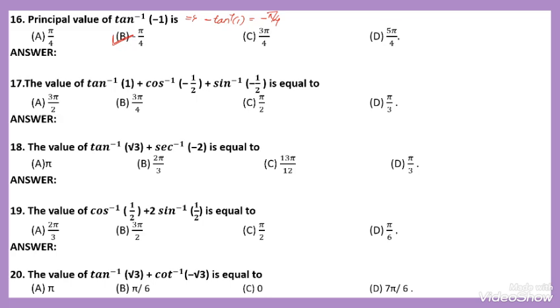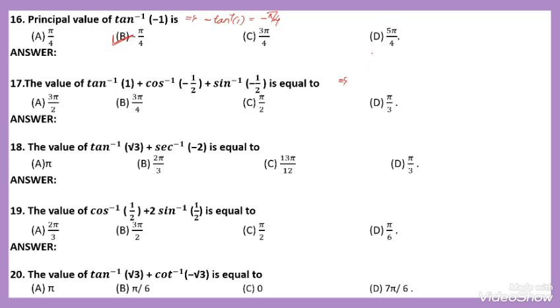Now, next, question number 17. What is the value of tan inverse 1 plus cos inverse of minus 1 by 2 and sine inverse of minus 1 by 2? Here we can solve these values already.